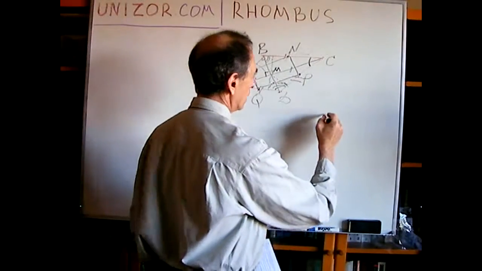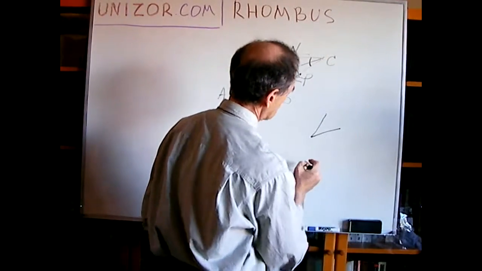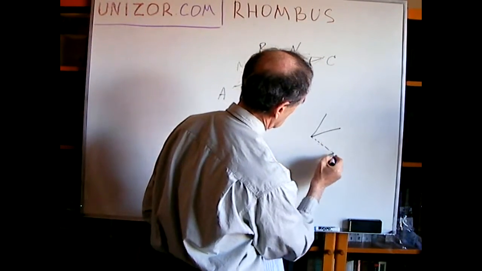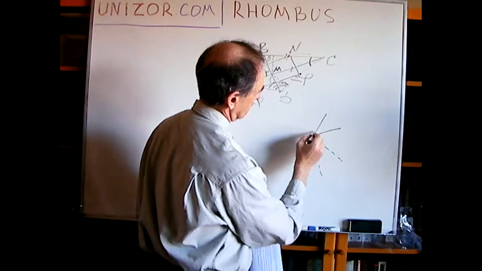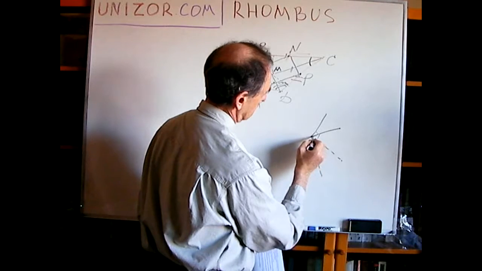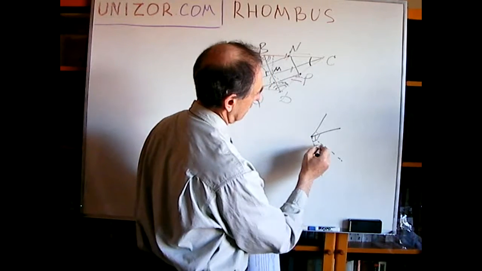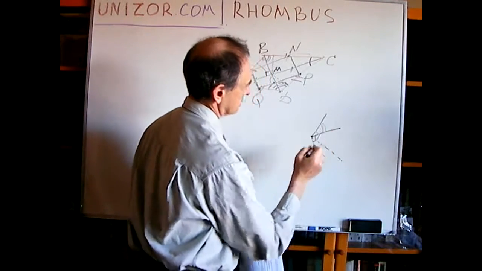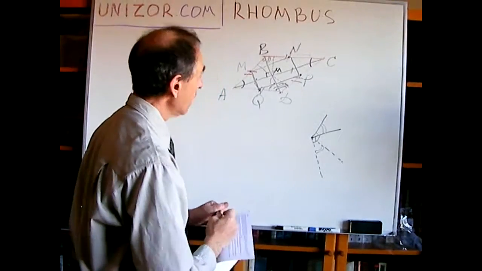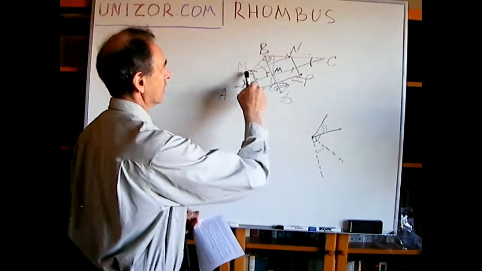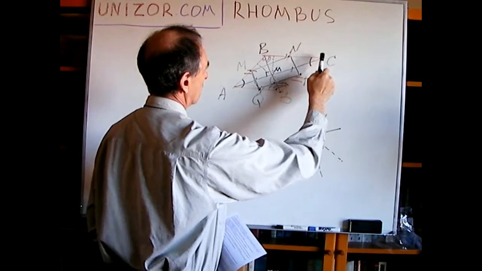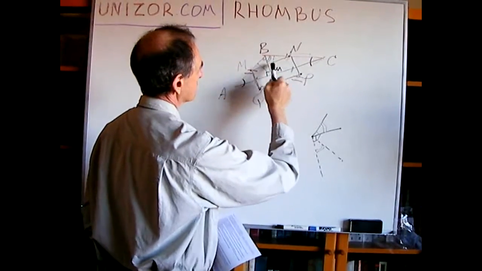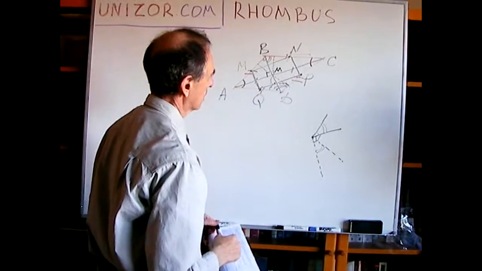So if you have one angle and then another angle, so this is a right angle and this is a right angle, then this is equal to this. So here we have exactly the same situation. MN is parallel to AC, and NP is parallel to BD.